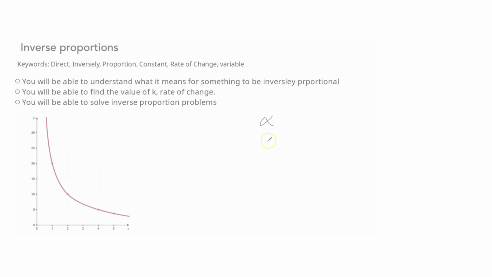This symbol here, alpha, is often used as a proportional symbol, and it is used to describe the relationship between two quantities. So for example, on this graph, we can use it to describe the relationship between x and y.